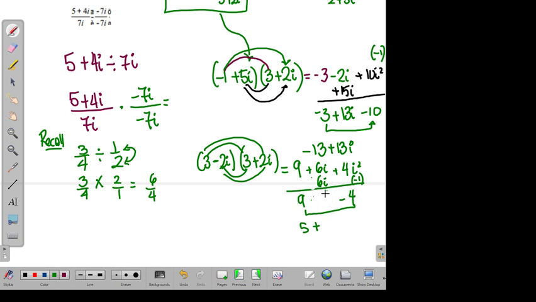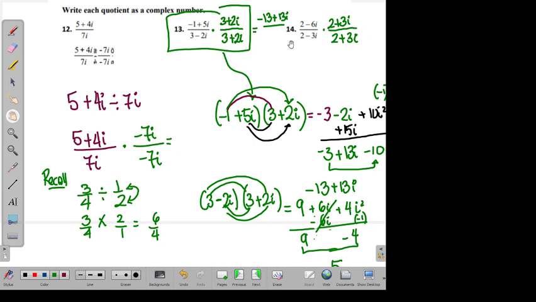So this is going to be 0, and this is going to be negative 4 and 9, which gives you 5. So the only answer that you have is 5 for the bottom part. And the answer here is going to be 5, so we finish our division here.